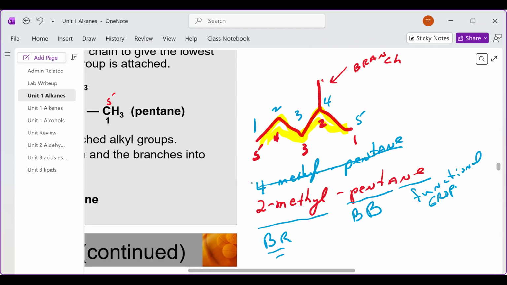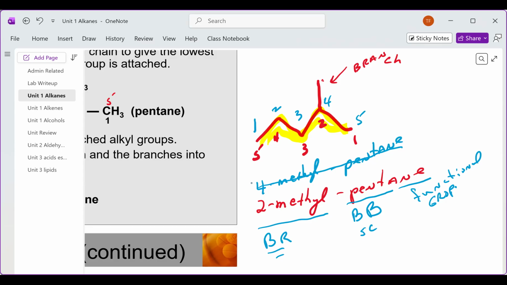If there was no branch up there, the top, it would just be pentane. Backbone is 5. It's 5 carbons. Functional group is alkanes. So that's an ANE, functional group name. And then we have a branch on carbon number 2 of the red.